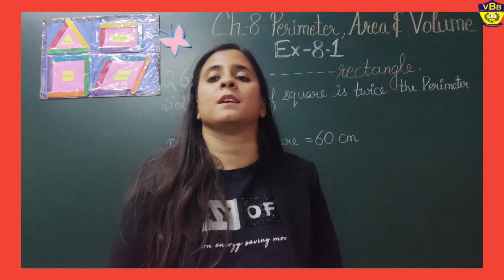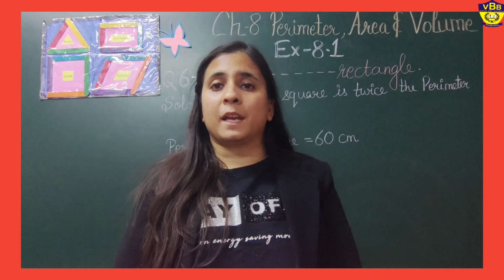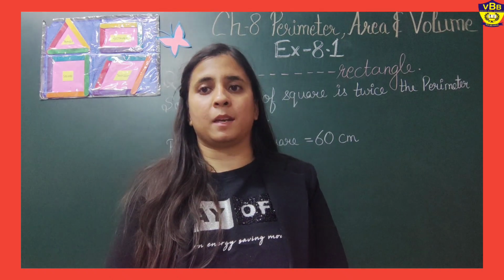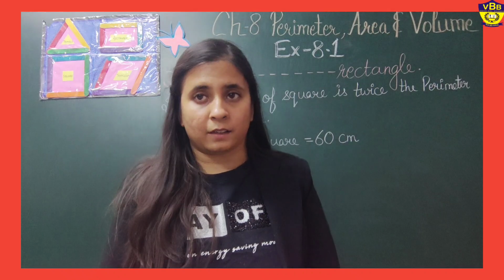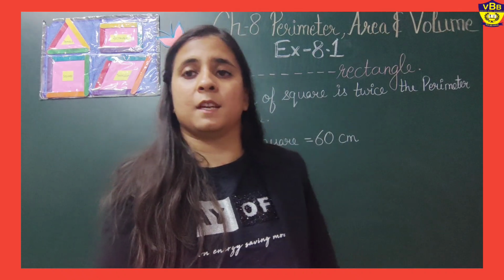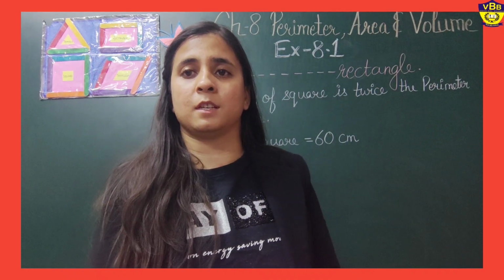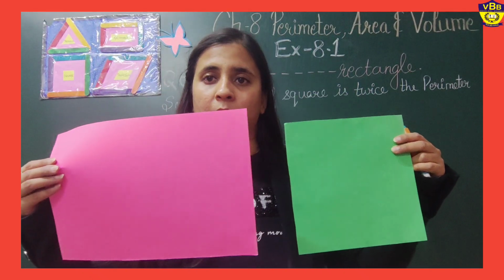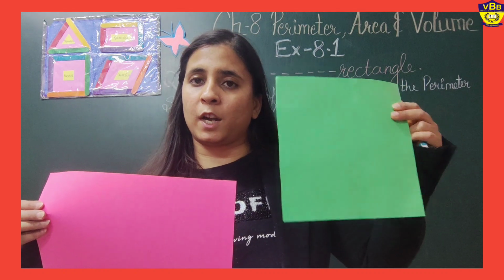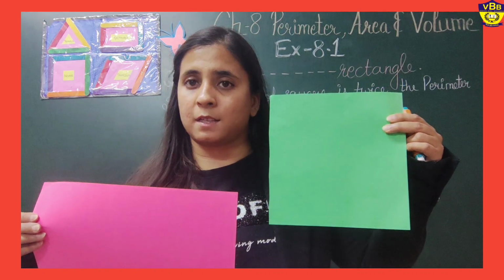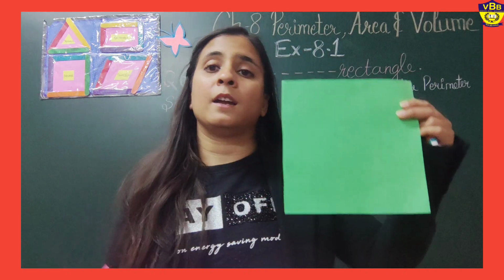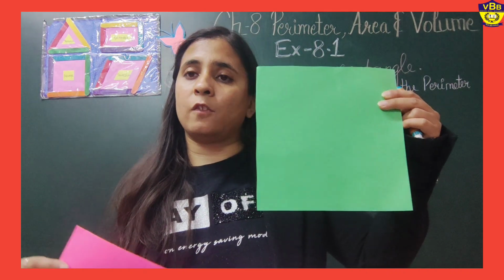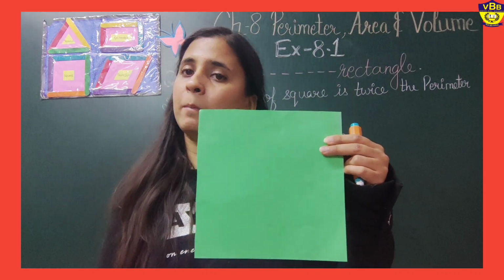Question number 6. That says that perimeter of square is twice the perimeter of rectangle. That means if this is the square and this is your rectangle, whatever the perimeter of rectangle will be, for the square it will be twice.